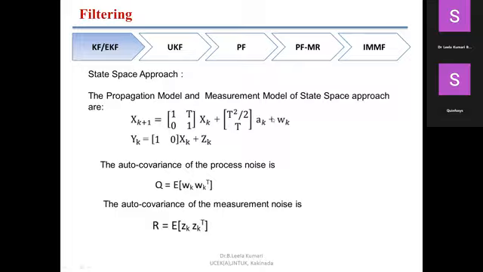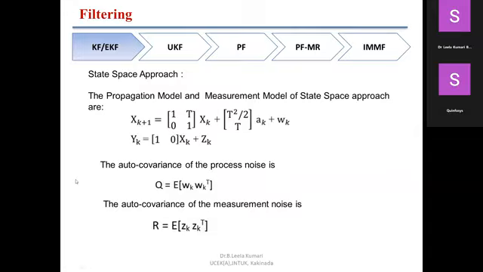Here these noises are represented by the autocovariance of the process noise, which is given by the expectation of wk wk transpose, and the autocovariance of the measurement noise, expectation of zk zk transpose. We also have to calculate the covariance between the positional noise and velocity noise. Even within position we have noise and within velocity we have noise, and the covariance between position noise and velocity noise also has to be considered, since covariance is a statistical measure.